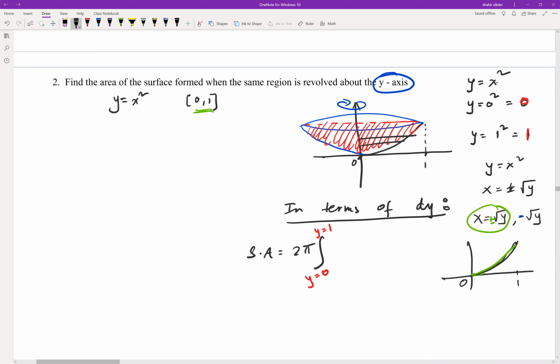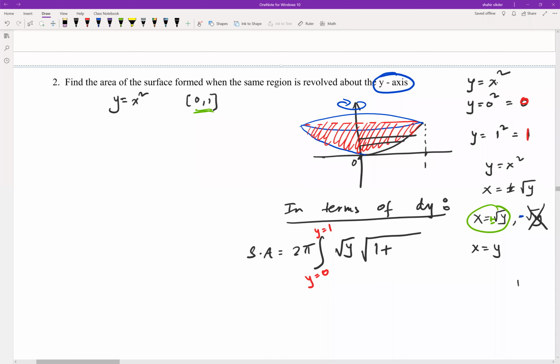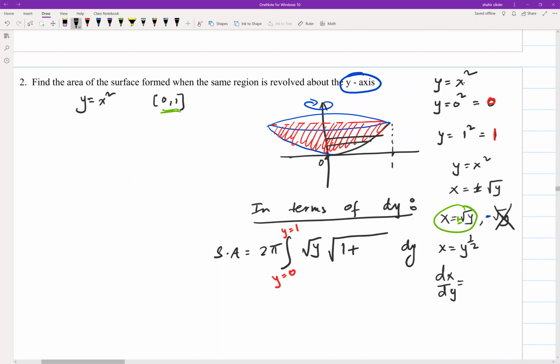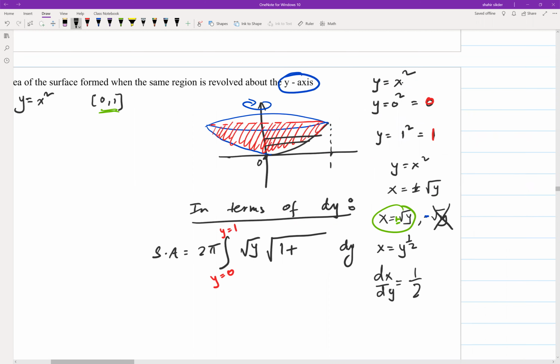So we would have square root of y, then the square root of 1 plus the first derivative. If I take x equals square root of y, that is the same thing as y to the 1/2. So what would be dx dy? Not dy over dx, because now we're doing the problem in terms of dy. This is nothing but 1/2 y to the negative 1/2.